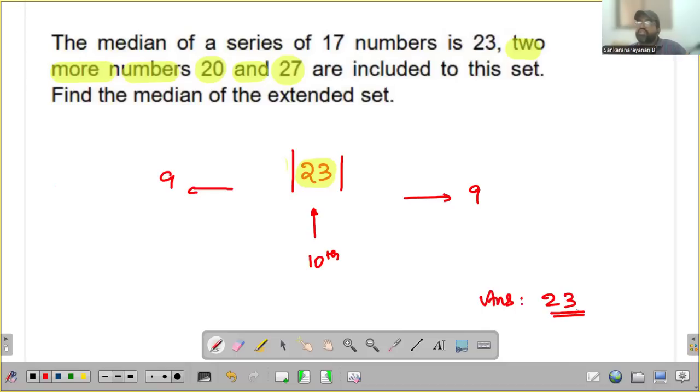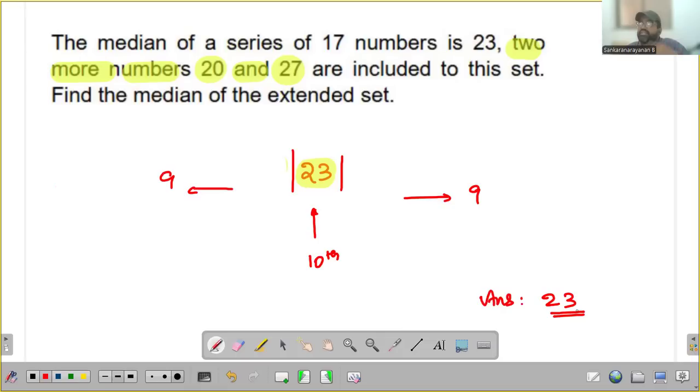Okay, but such a situation is not possible for us to consider when both the numbers are less than 23 or both the numbers are more than 23. If that comes, then the position of the median can get shifted. So as we don't have clarity on the numbers that we are handling, the answer will then become cannot be determined.